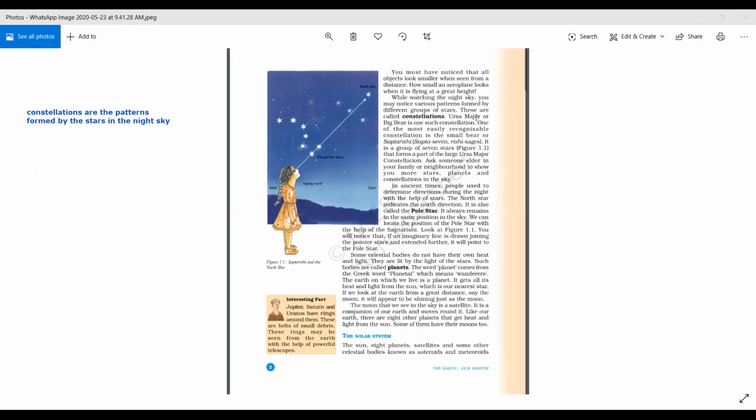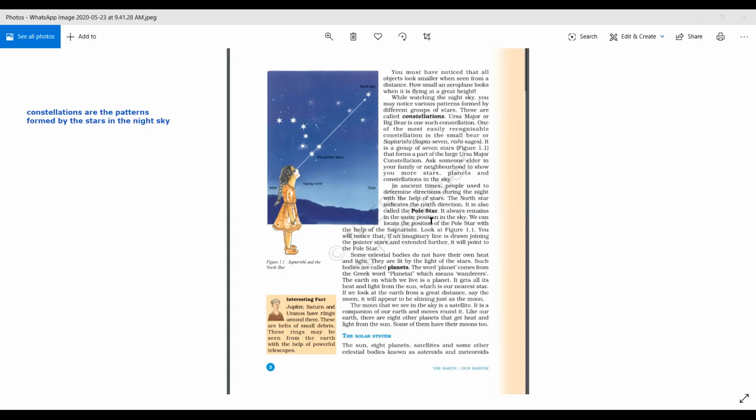The Ursa Major or the Big Bear is one such constellation. One of the most easily recognized is the Small Bear or the Saptarishi, the seven stars. It is a group of seven stars that forms a part of the large Ursa Major constellation.